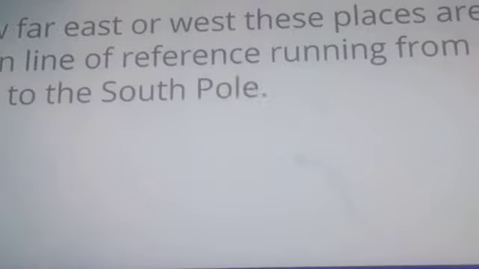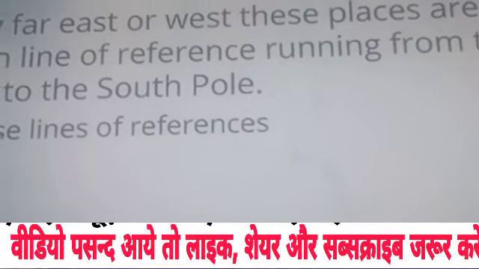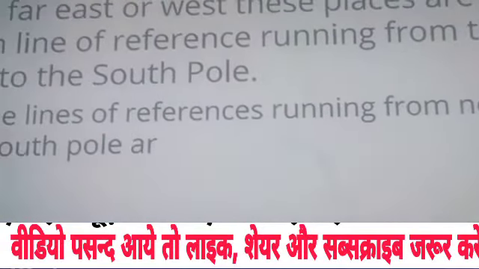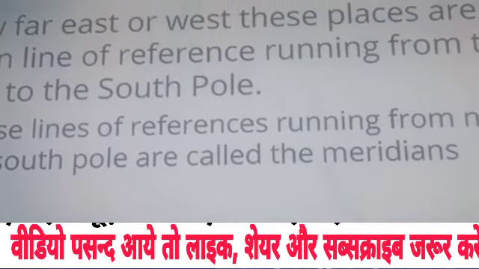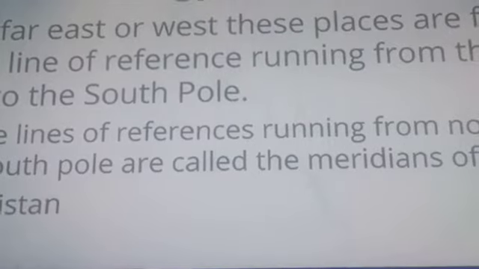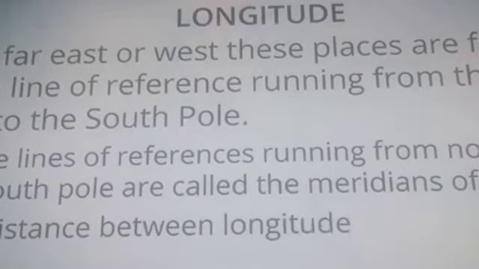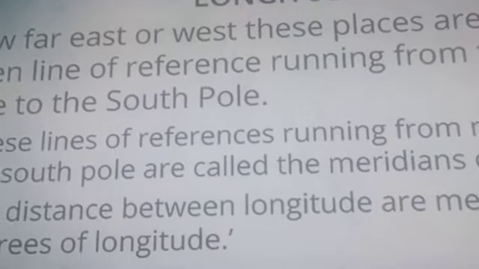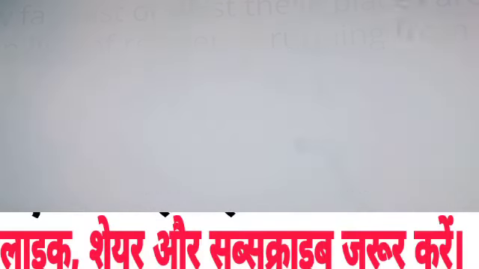These lines of references running from North Pole to the South Pole are called the meridians of longitude. The distance between the longitudes are measured in degrees of longitude. Each degree is further divided into minutes and minutes are divided into seconds.